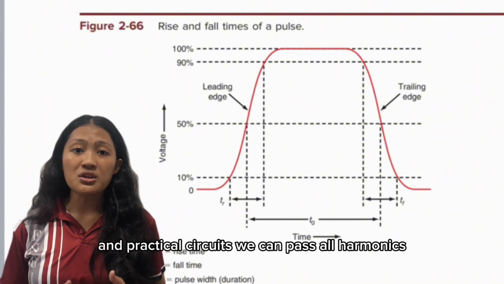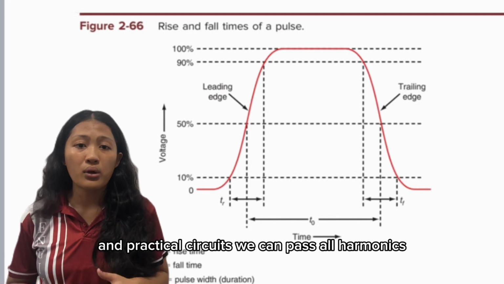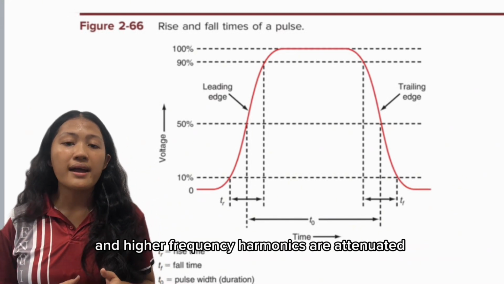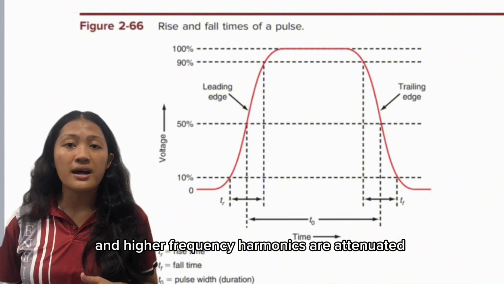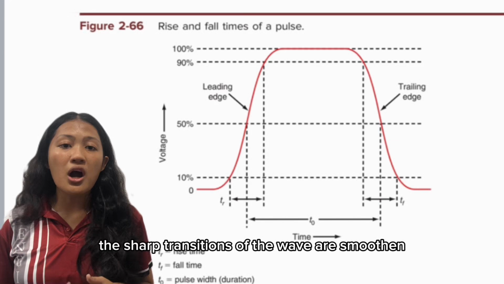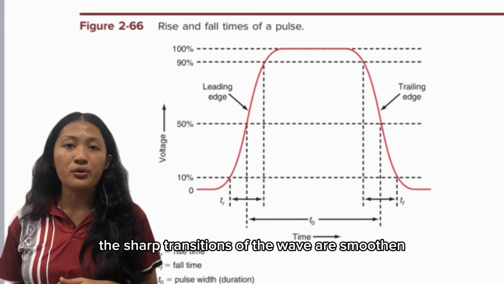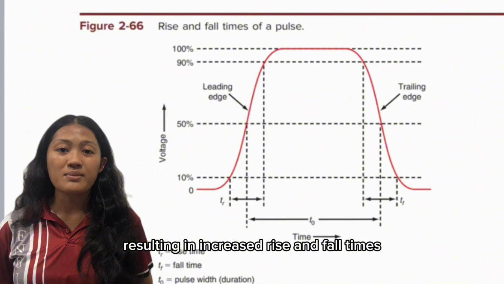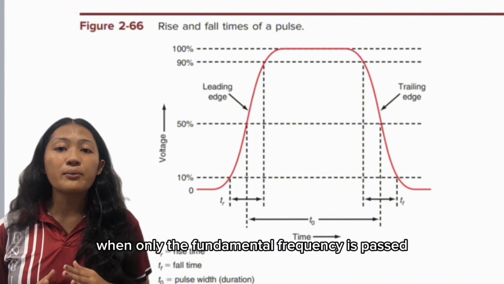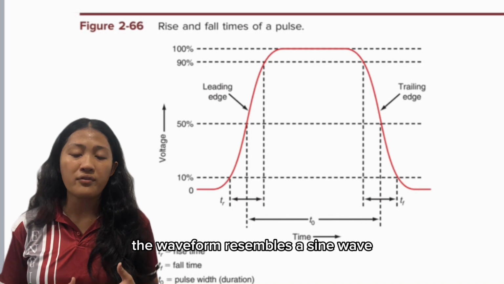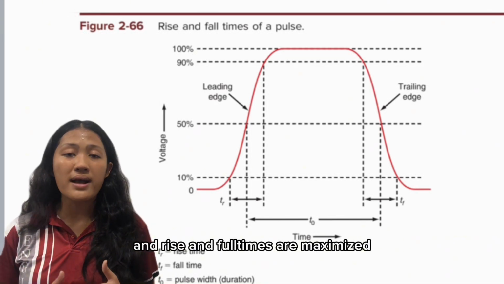In practical circuits, we cannot pass all harmonics. Bandwidth limits are imposed and higher frequency harmonics are attenuated. As more harmonics are filtered, the sharp transitions of the wave are smoothed, resulting in increased rise and fall times. When only the fundamental frequency is passed, the waveform resembles a sine wave and rise and fall times are maximized.